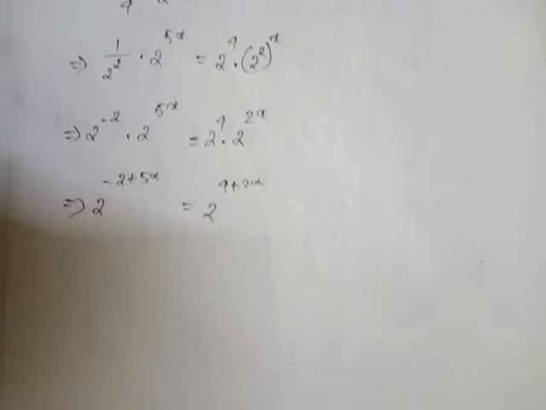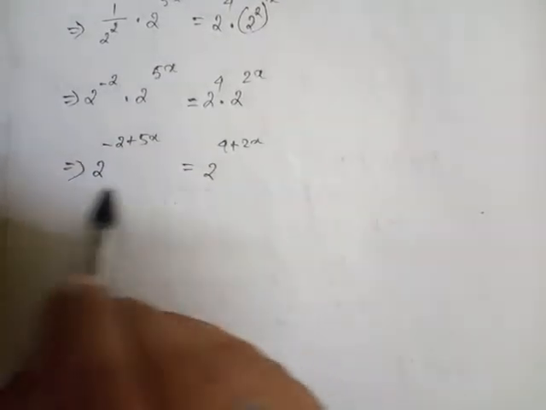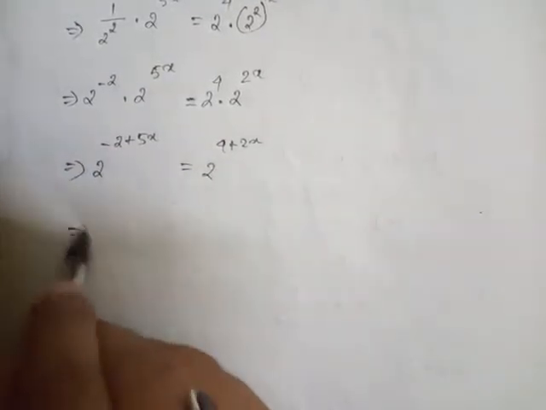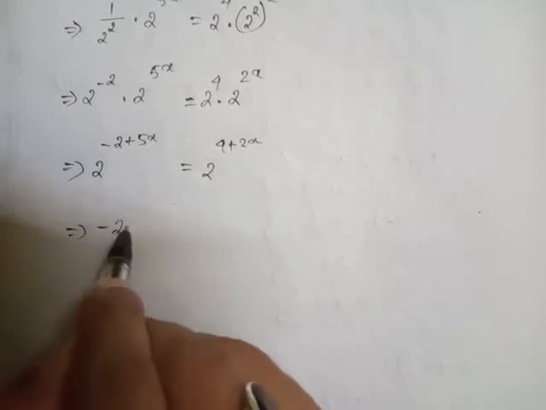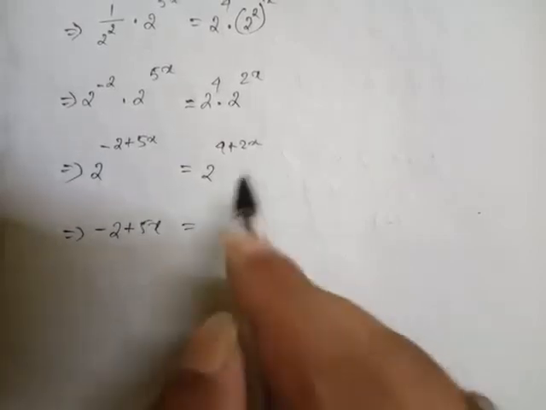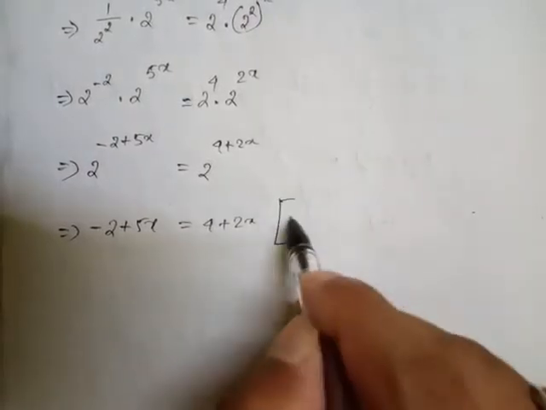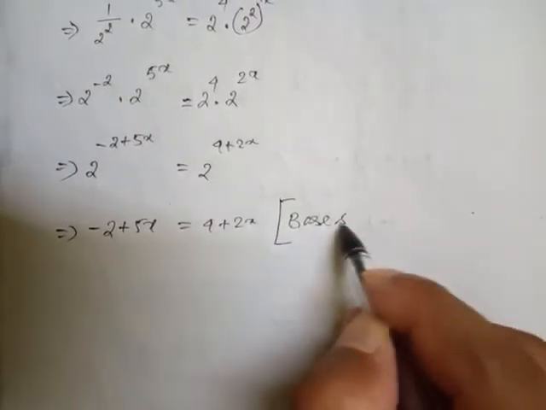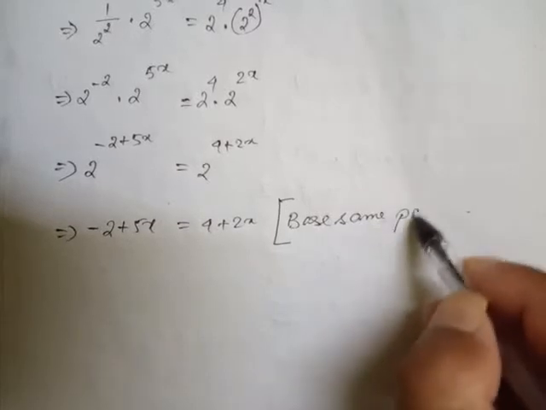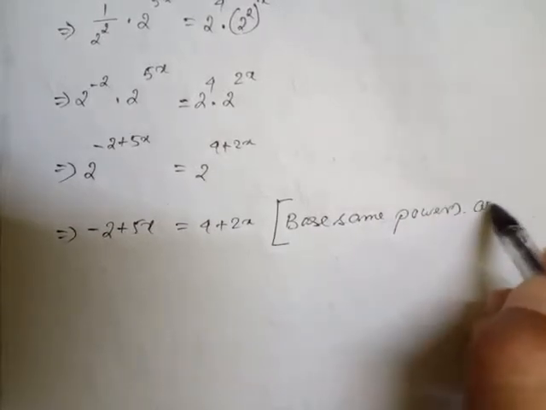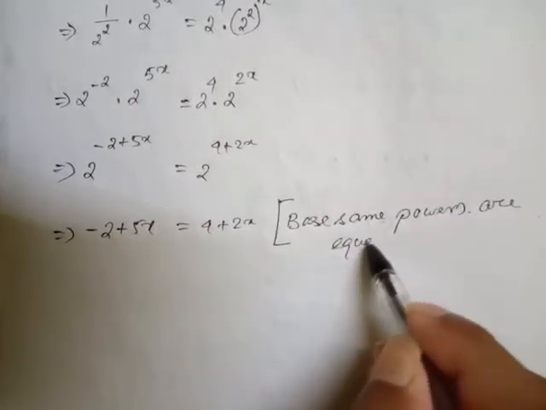Now base same, powers are equal, so minus 2 plus 5x equals 4 plus twice x.